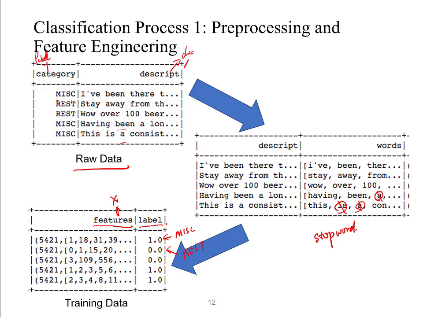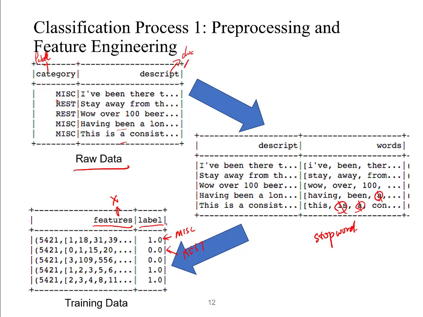Her height, weight, and age would be useful or important features. But the color of her eyes or the color of her hair is usually not very important, right?